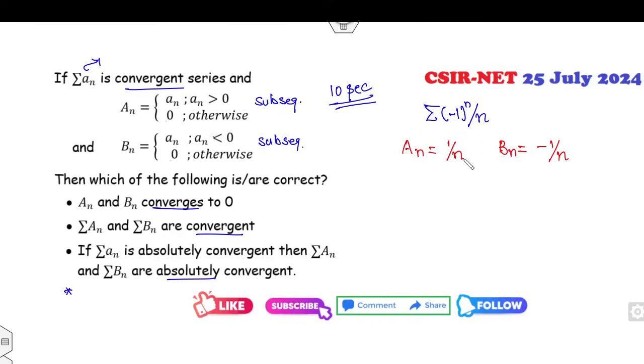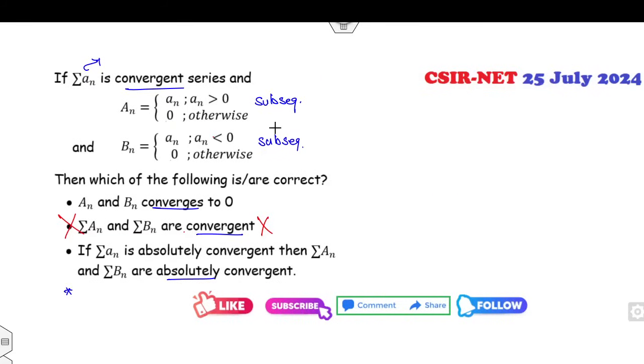Then an goes to 0, correct, but we can't say this is the correct option based on the counterexample. Clearly this option is cancelled because this is divergent by p-test, so this option is directly cancelled. Next, an is absolutely convergent. Is it absolutely convergent? The absolute series is 1 over n, so this is not absolutely convergent, so this is our counterexample only for part 2.